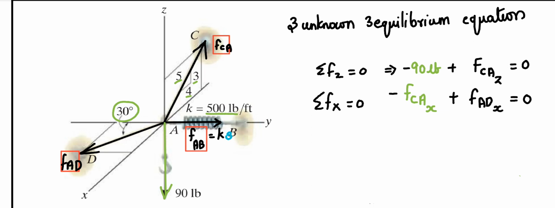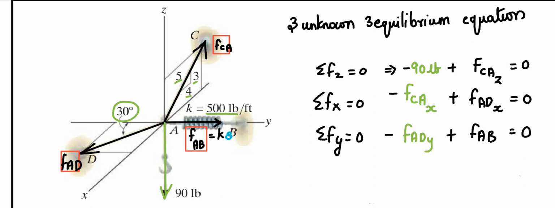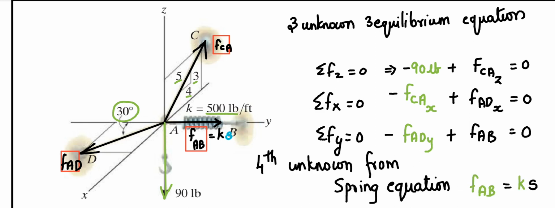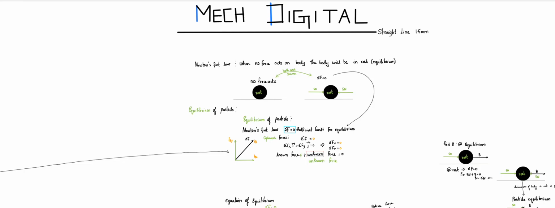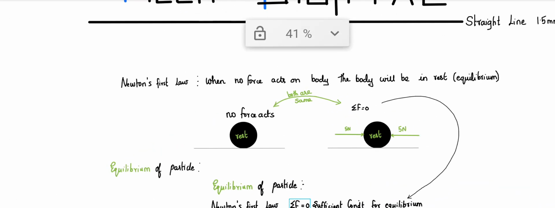From this FAD along the x direction I can find FAD. From that I can find FAD along the y direction and substitute it into the summation of Fy equal to 0 and solve for the last unknown FAB. Finally, the last unknown here is S, which we can find from the spring equation. All the things which I have discussed here are shared as a PDF for your reference.